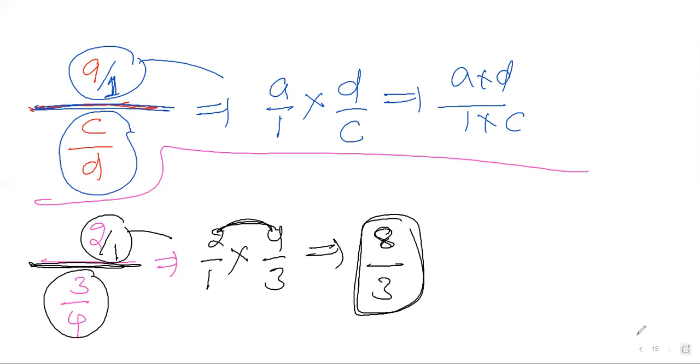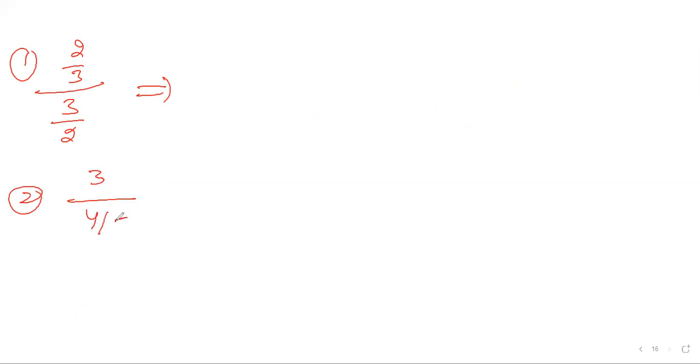Now we'll try on sample questions. Say the answer: 2 by 3 divided by 3 by 2. What is the answer? I'll write the question once again: 2 by 3 by 3 by 2. Try to work and tell me. Second one, 3 by 4 by 5. What is the answer?